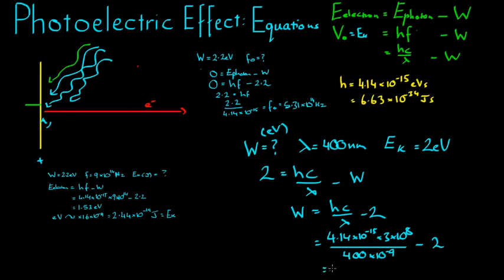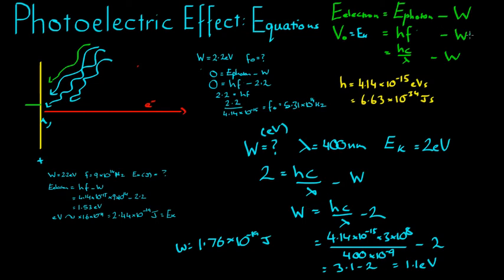And I have this as 3.1 take 2, which is equal to 1.1 electron volts. And if I wanted the work function then in joules, I have to multiply by 1.6 times 10 to the negative 19, and I have the work function come out as 1.76 times 10 to the negative 19 joules.